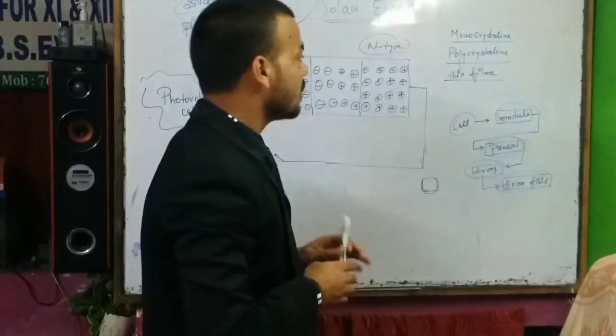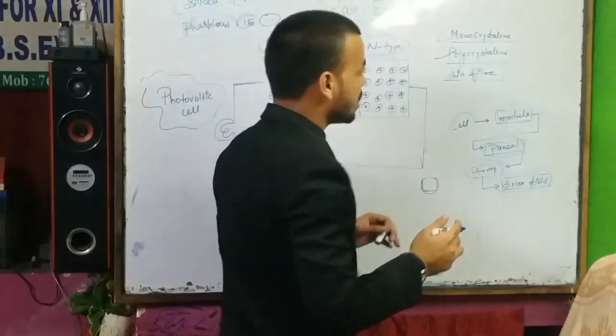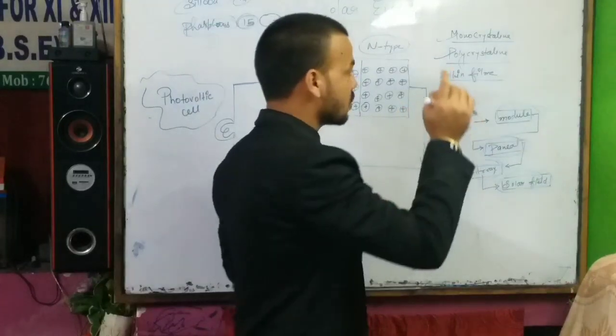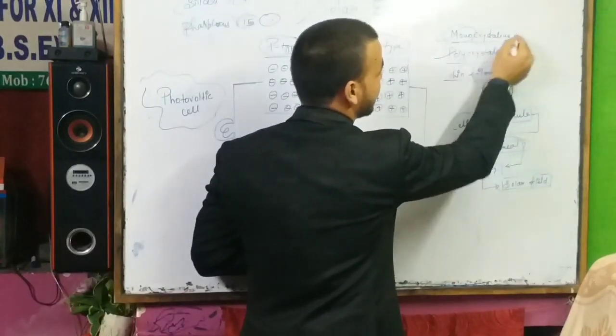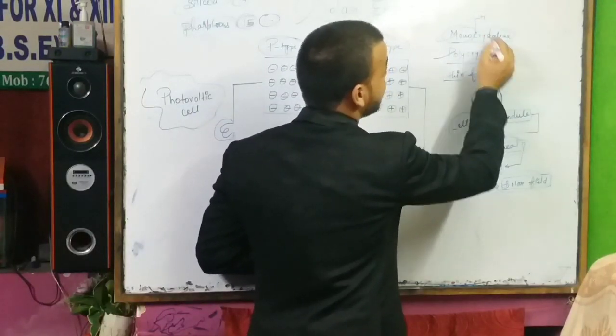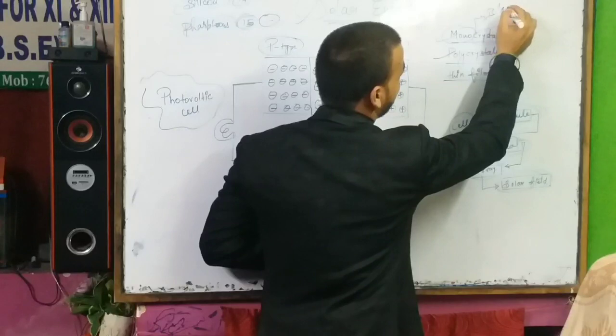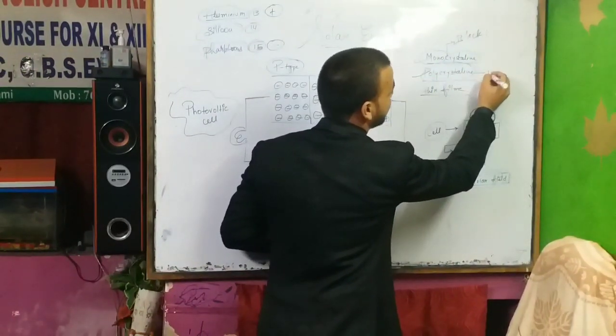Now we have to talk about monocrystalline and polycrystalline. Monocrystalline is black in color, and polycrystalline is blue in color.